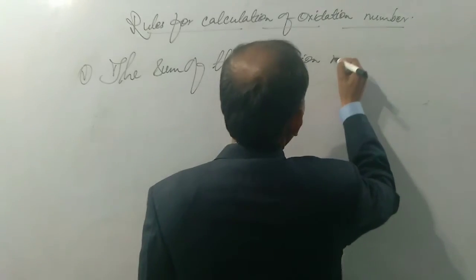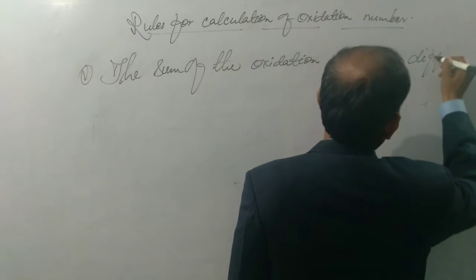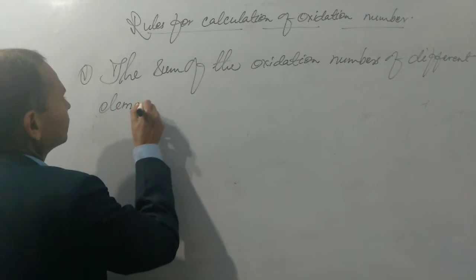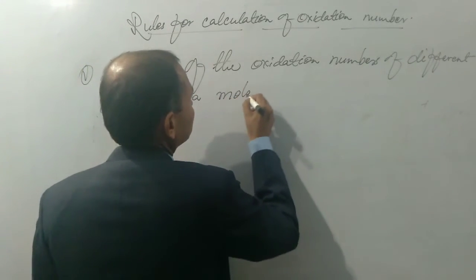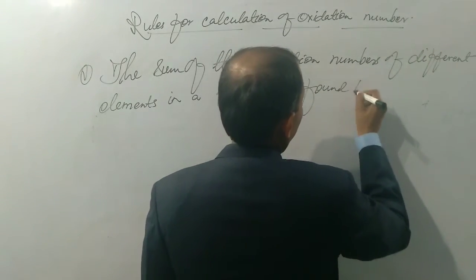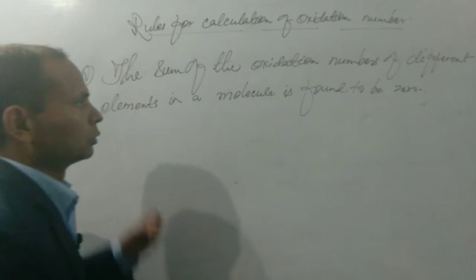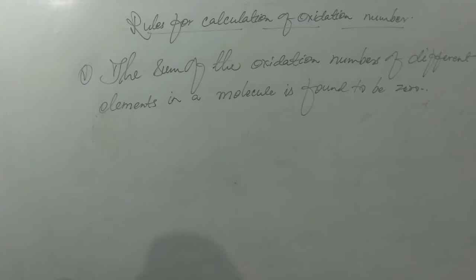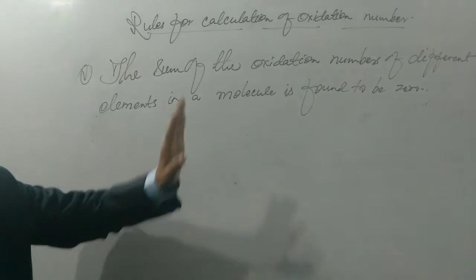The sum of the oxidation numbers of different elements in a molecule is found to be 0. This is the last rule to calculate the oxidation number or oxidation state of any element in a molecule. The sum of the oxidation numbers of different elements in a molecule is found to be 0.